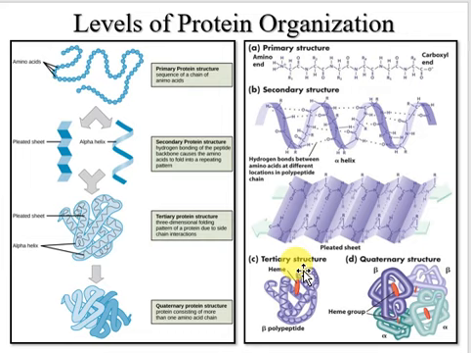So this is not referring to bonds that are occurring between your side chains. These are bonds between the actual components of that polypeptide backbone. So components of the amino group and the carboxyl group.